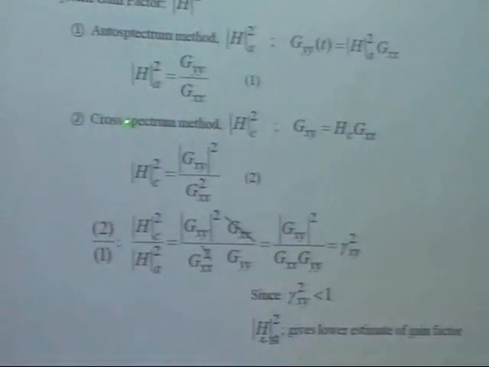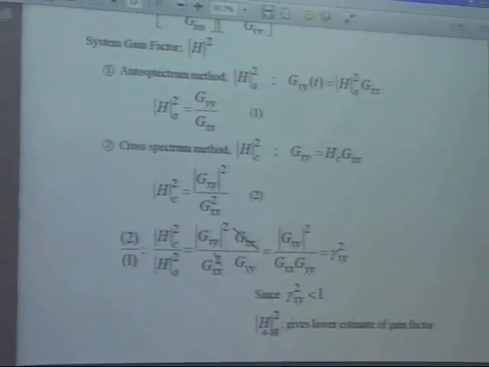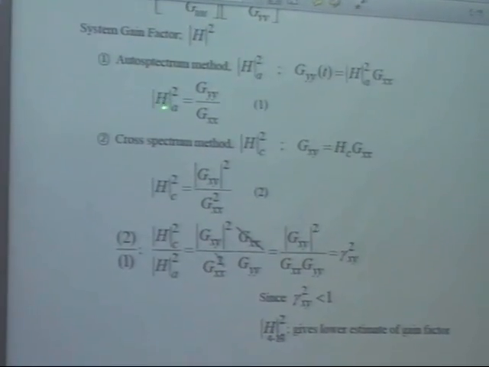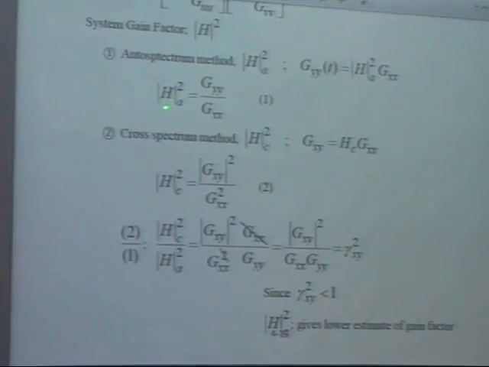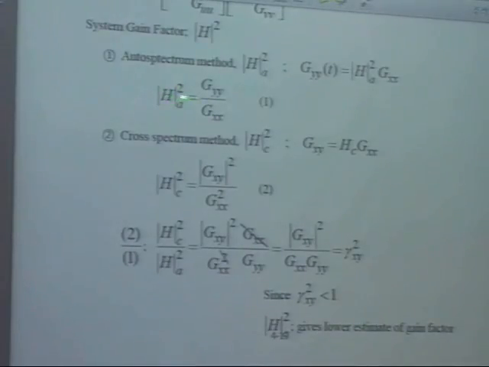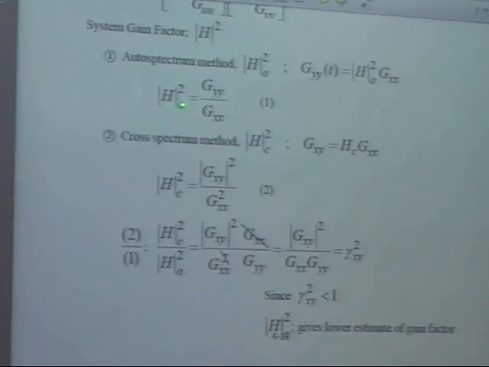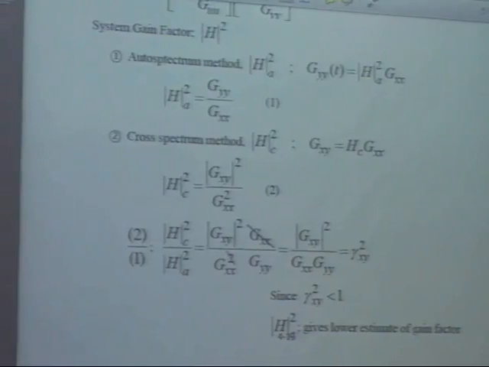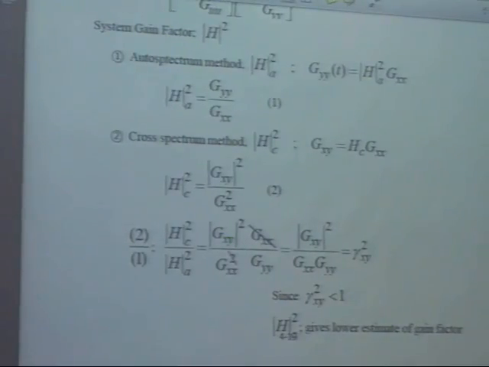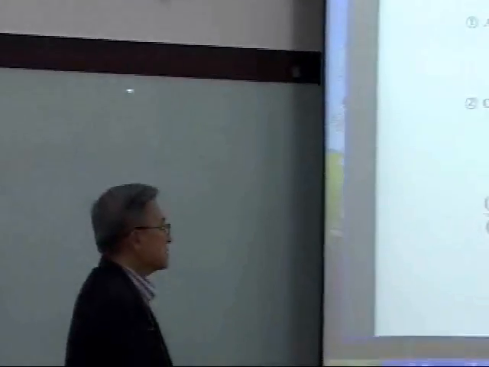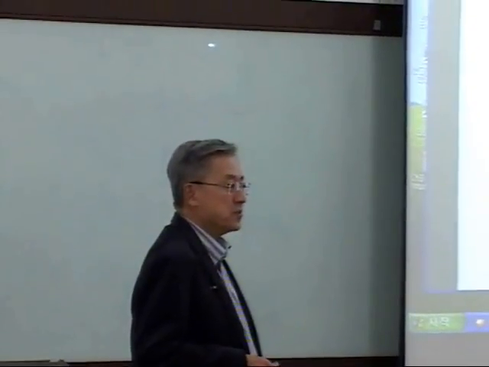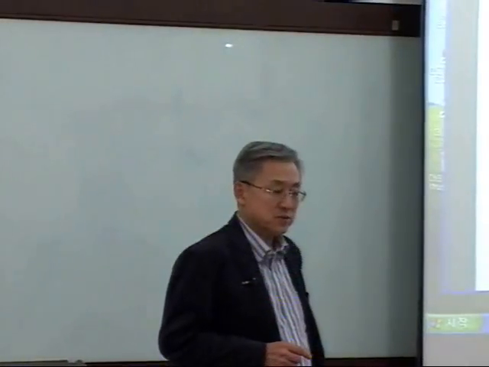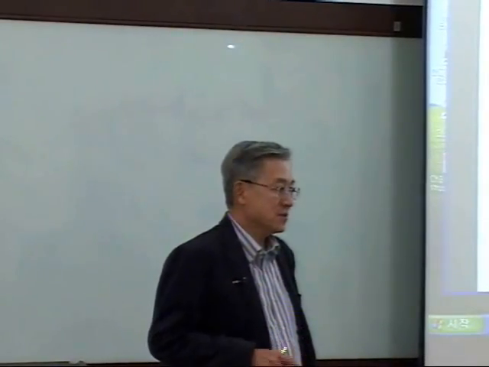There are two different ways of estimating the absolute frequency response function: H using the auto spectra, and H using the cross spectra. Two different approaches. I want you to conduct the experiment using both approaches this quarter.